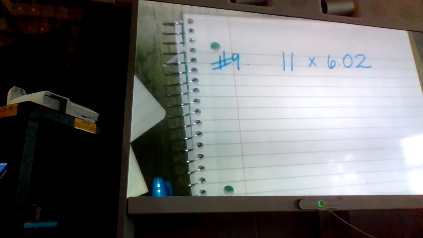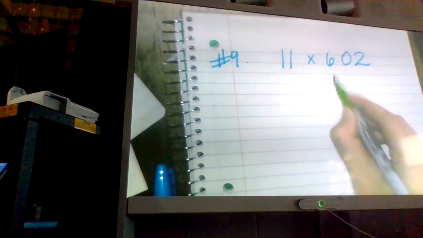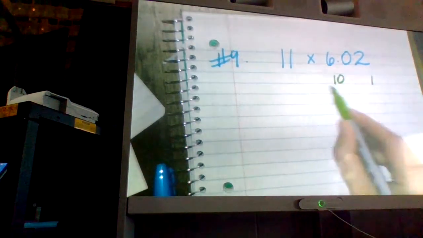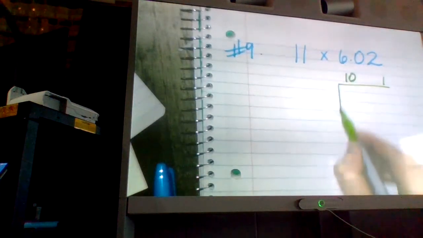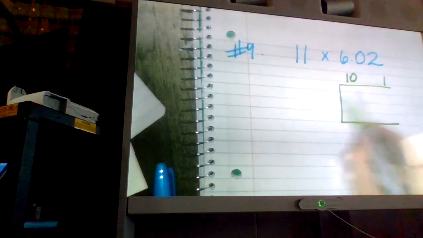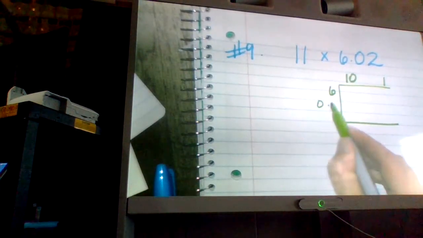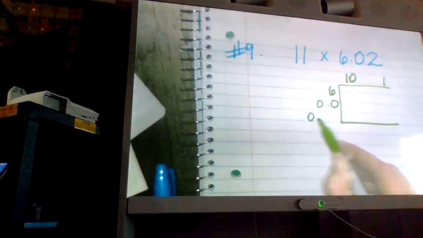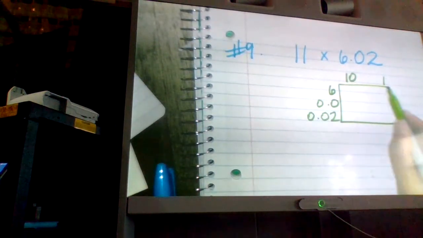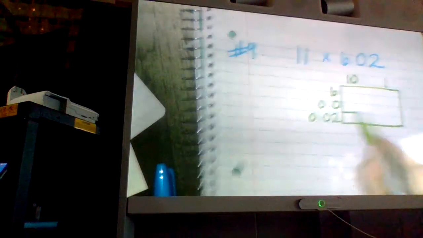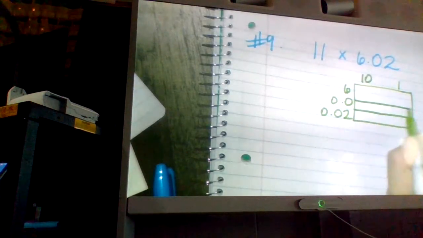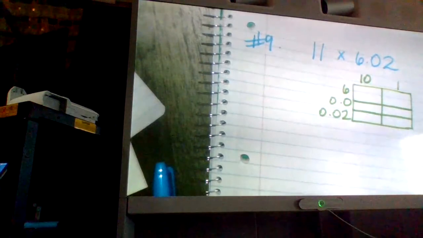All right, so here's the dealio. When we are using an area model, we will find the expanded form. So the expanded form of 11 is 10 plus 1. And then we have 6, 0 in the 10th place, and then 2 in the 100th place. Okay, here we go.